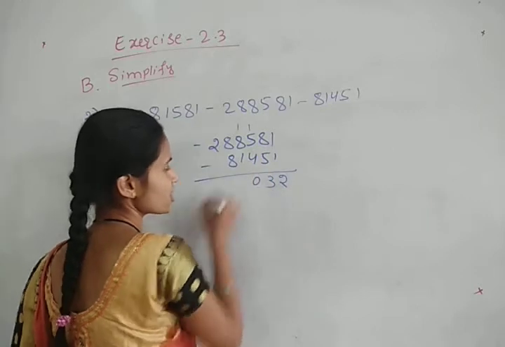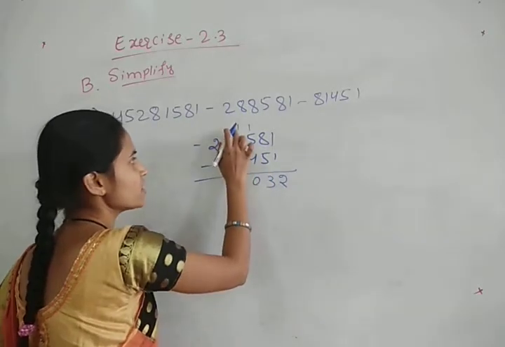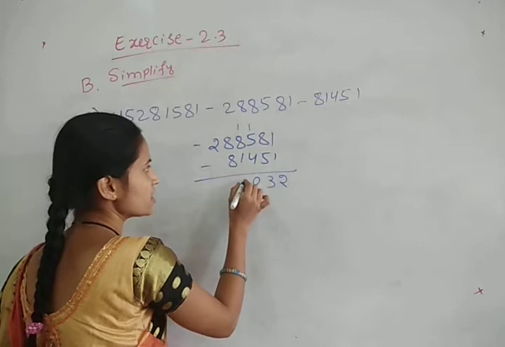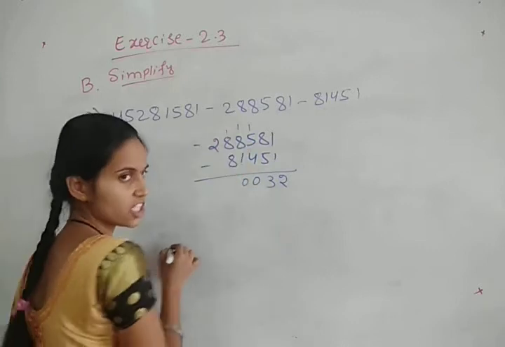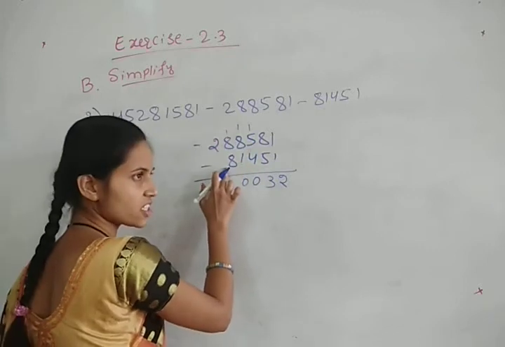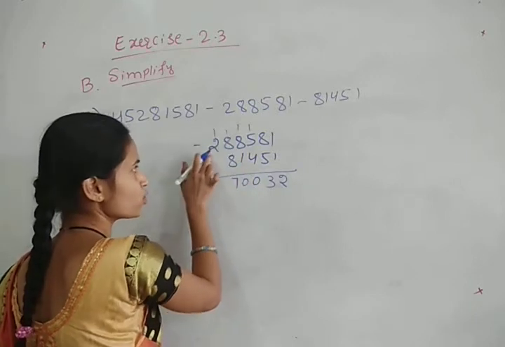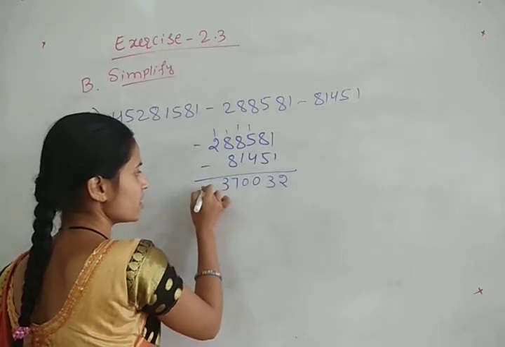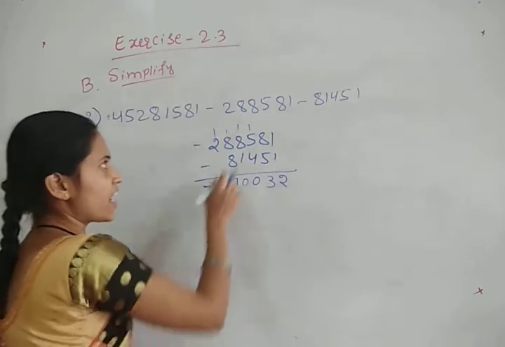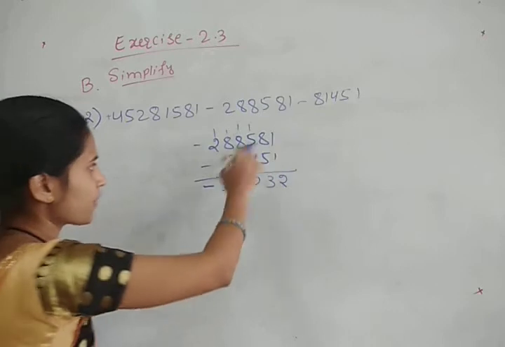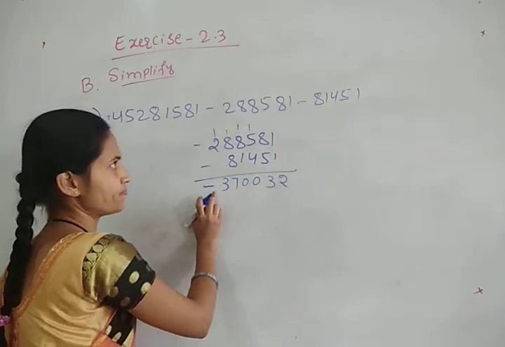Write 0. Take 1 as a carry. Now 8 plus 1 is 9, 9 plus 1 is 10. Write 0. Take 1 as a carry. Now 8 plus 8 is 16, 16 plus 1 is 17. Write 7. Take 1 as a carry. Now 2 plus 1 is 3. Okay. So after adding minus, the result we have got.